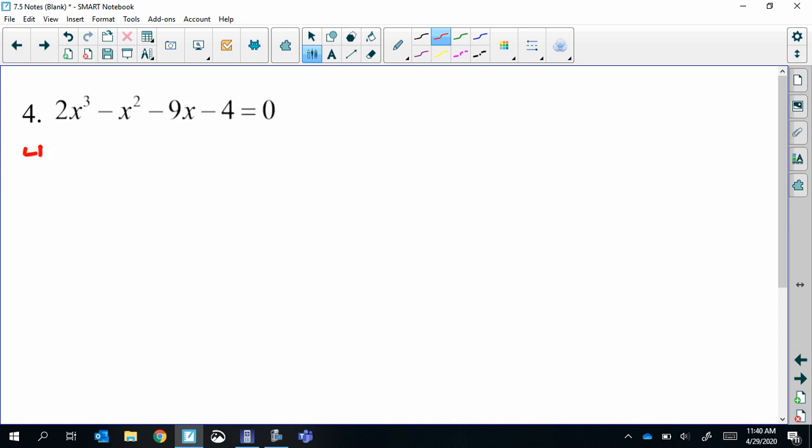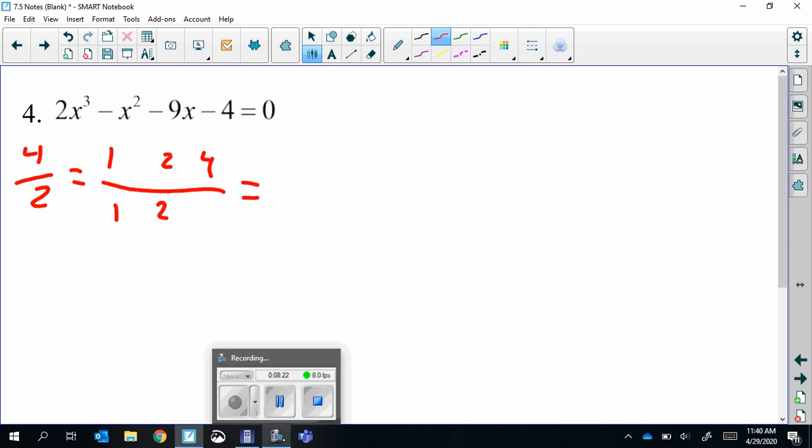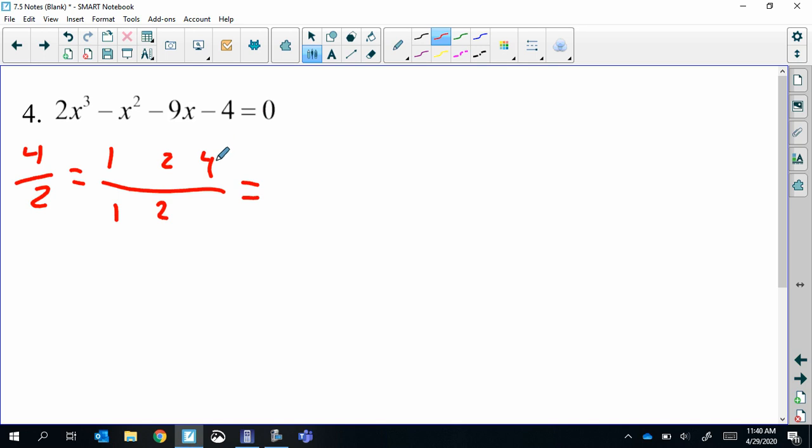P over Q, so that would be factors of 4 over factors of 2. Factors of 4 are 1, 2, 4. Factors of 2 are 1 and 2. We're going to take all those possibilities: 1 over 1, 2 over 1, 4 over 1, and then everything over 2. 1 over 2, 2 over 2, which is 1, and we already wrote 1, so we don't need that.